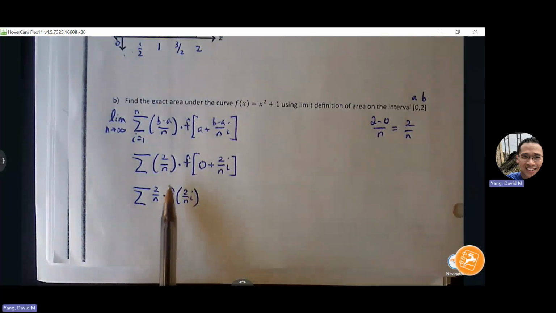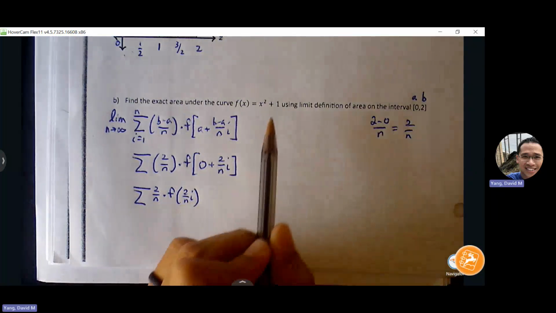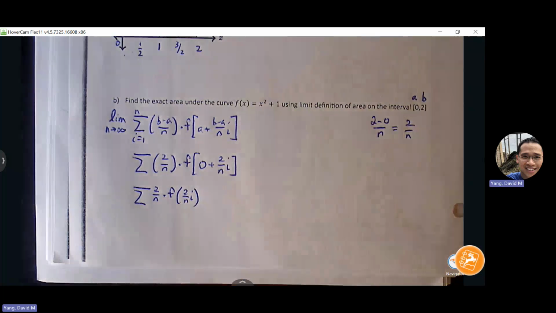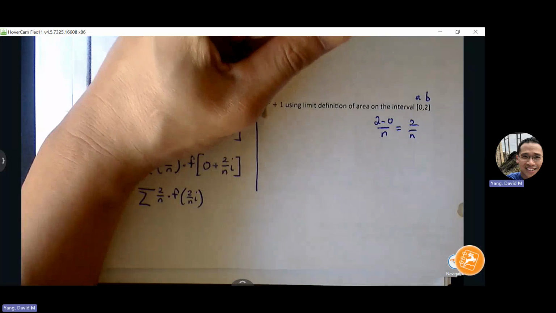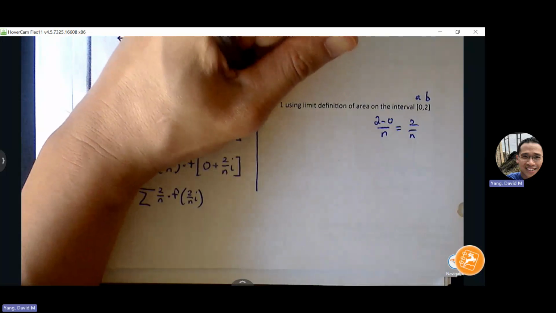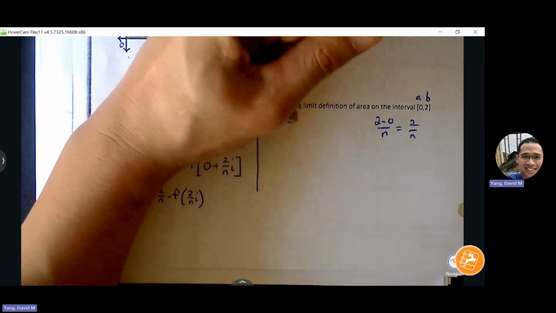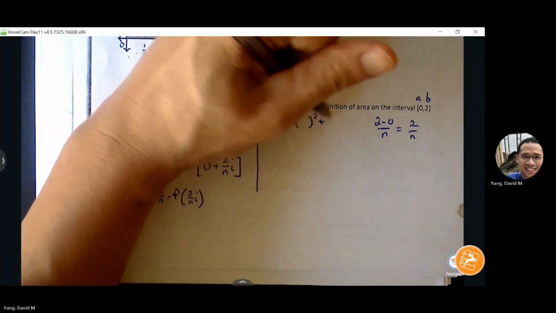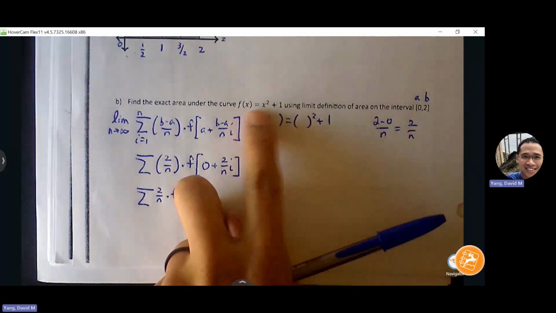So we can't do the limit portion until we get that out of function notation, right? So we're going to plug that 2i over n into the function. So let me make sure that we do this. Let me structure it in a way so that you're not going to put that 2i over n in the wrong place. So I would suggest that we do this first. Build your function without the x in it.